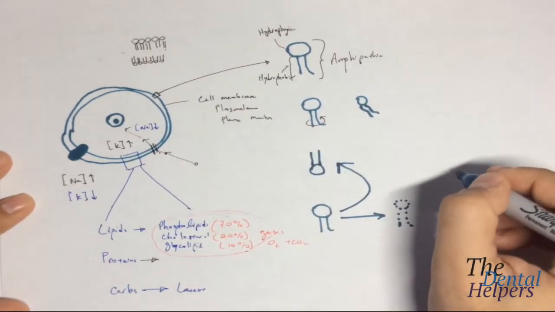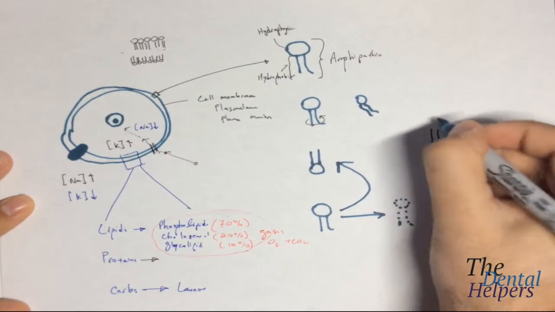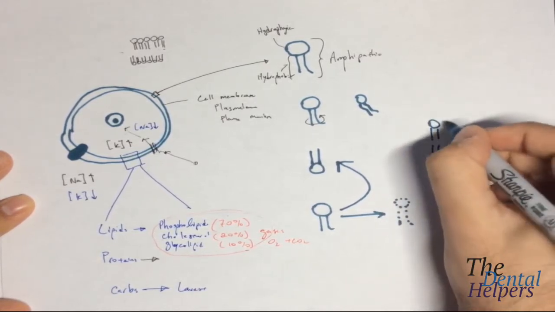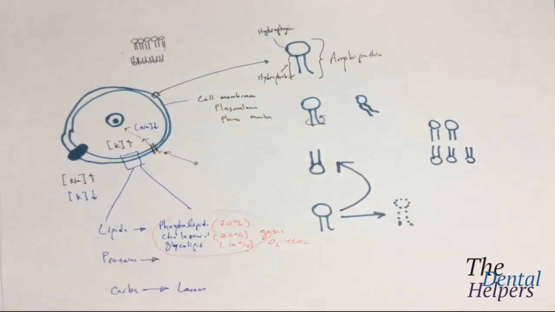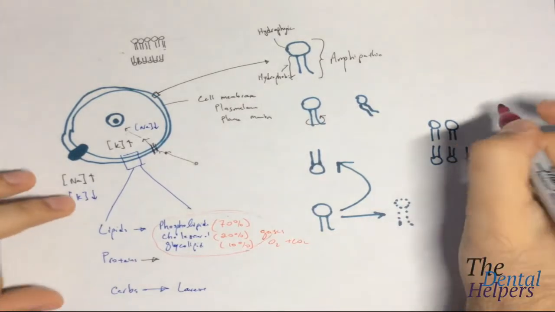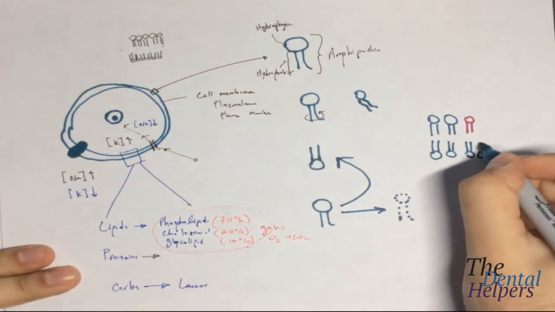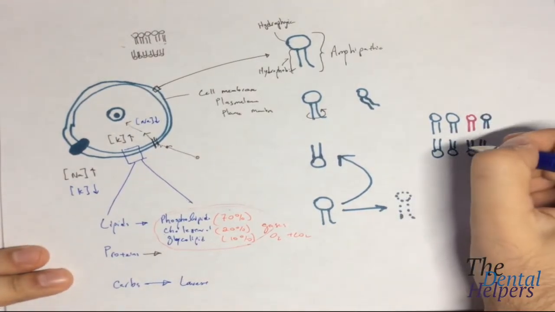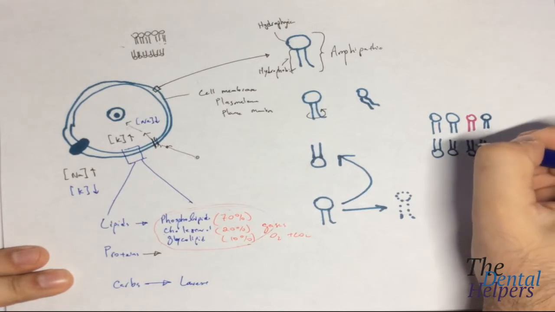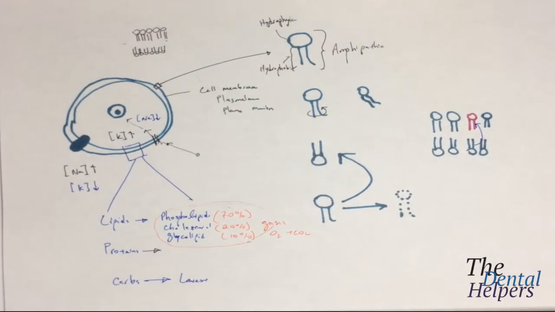You've got to forgive me for the way I drew it, but if we have the lipid bilayer here, this red one I've drawn has done this kind of crossing over movement and gone up the lipid bilayer. This happens very rarely, and it's not really something that's always seen.